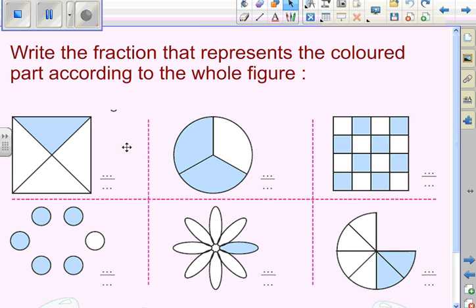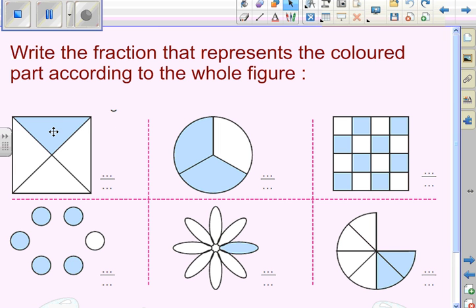We talked in grade 3 about writing the fraction of the colored parts. On the numerator, write the number of colored parts, and on the denominator, write the number of all parts. So to write the fraction of the colored part, write the number of colored parts over the number of all parts. For example, in the first figure, let's count the number of colored parts.